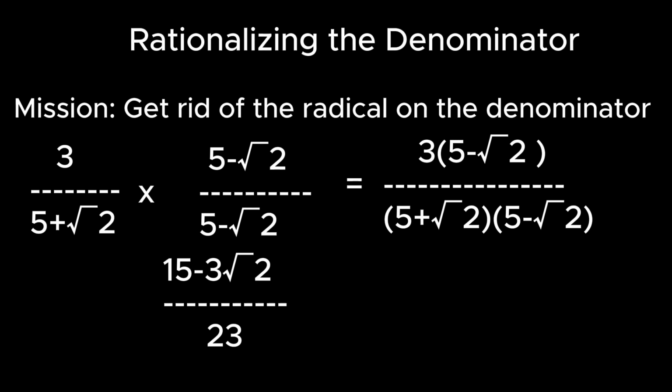Radical 2 times 5 is 5 radical 2. And you see how the middle terms canceled out. And finally, radical 2 times negative radical 2 is just negative 2. And when we simplify this, we get 15 minus 3 radical 2 divided by 23.